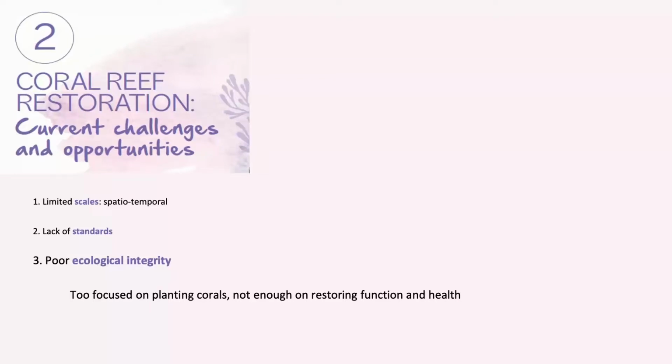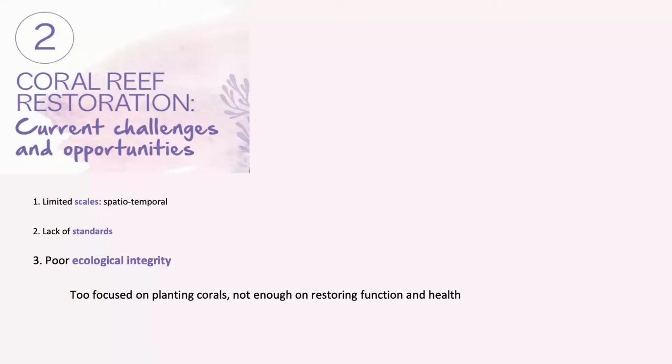So yeah, the third challenge is that a lot of the projects in the past perhaps have been driven by offsets or mitigation, just really focused on planting corals. And we're seeing quite a change towards a focus on restoring function and health.